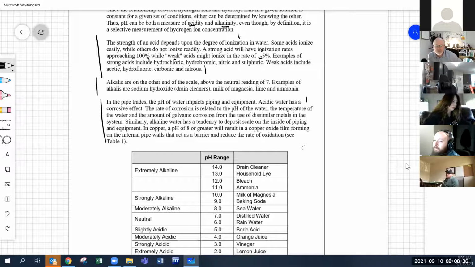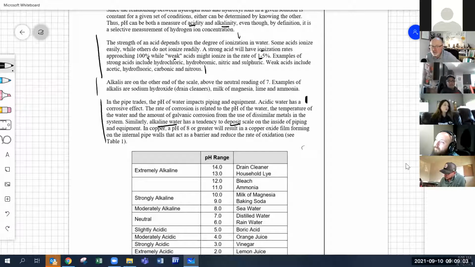So this is important to us, right? Where we have high acidic places or materials or fluids running through our piping and our systems and our equipment, it can cause problems. Now, on the other end, if it's an alkaline water, it has a tendency to deposit scale on the inside of piping and equipment, right?